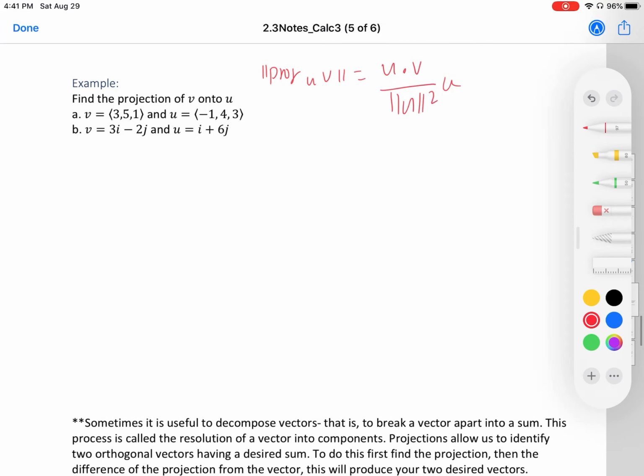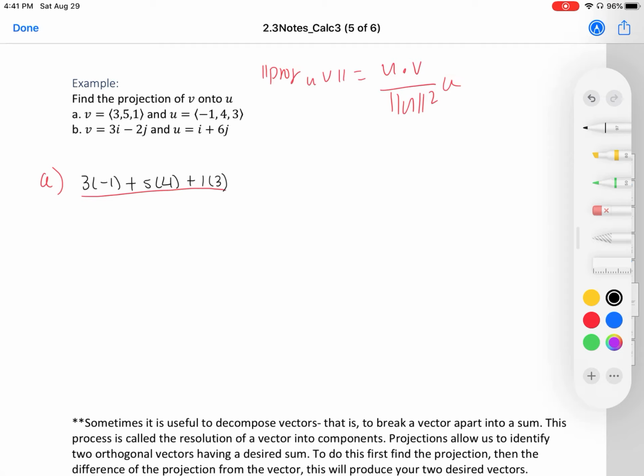All right, let's go ahead and do A. Find the projection. Our numerator is made up by the dot product of those two vectors. So we have 3 times negative 1 plus 5 times 4 plus 1 times 3. And we divide it by the magnitude squared, which means we don't have to include the square root.